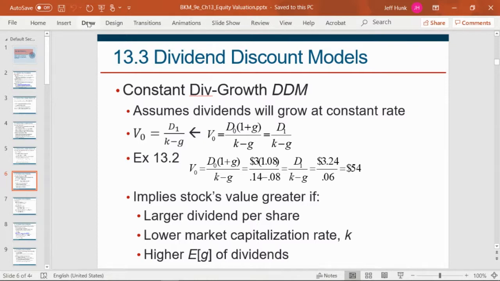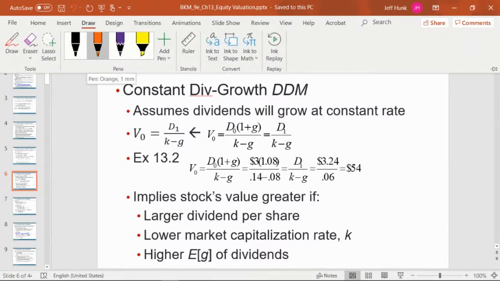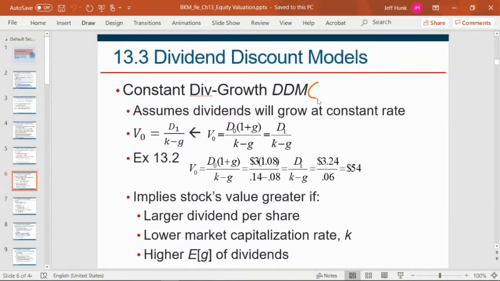It's also called the Gordon growth model, right? AKA Gordon growth model.